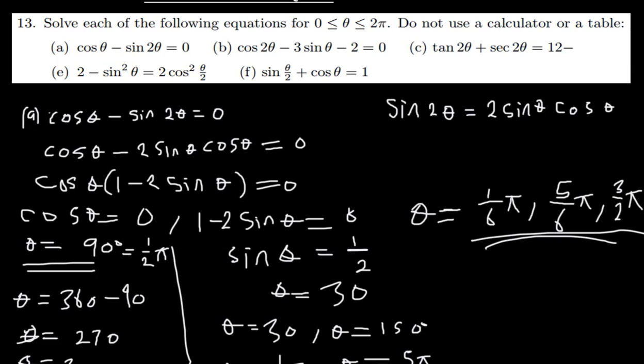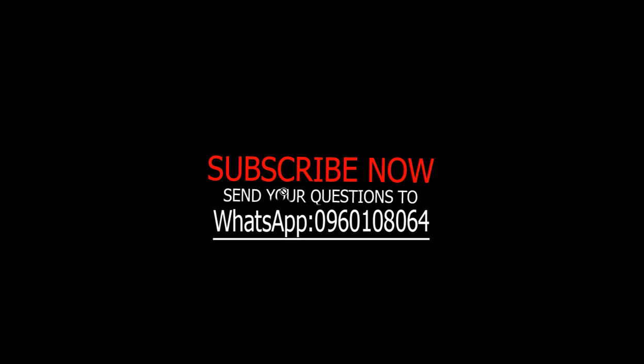And since I've solved question A, it means that I've solved question B and question C. So if you have any questions on the ones that I'm leaving, you can solve them on a separate answer, and make sure that you forward them to this line on WhatsApp, and then I'll help you. I'll tell you whether you have gotten it wrong or correct based on the solutions that you are going to send to me.